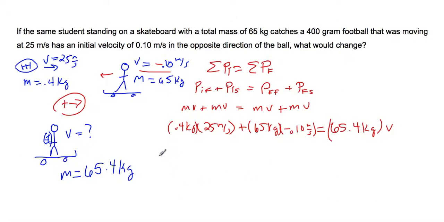So now we have to figure out which one of these is going to be greater. Well, this times this is going to be 10 kilograms times meters per second, minus, we can just figure out, it's just going to move the decimal one place that way, 6.5 kilograms times meters per second.